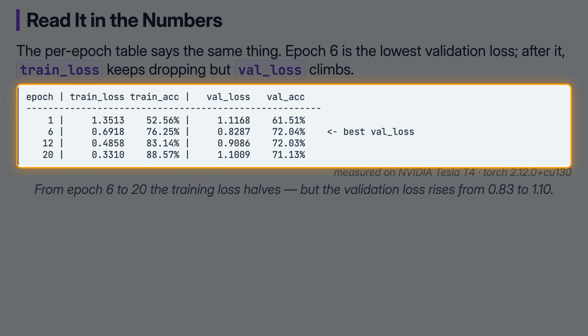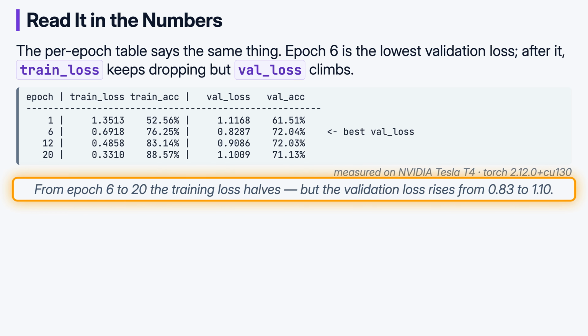Validation accuracy is about 72% and training accuracy is 76. After that they split. At epoch 12, the training loss is still dropping, but the validation loss has already started to climb. By epoch 20, the training loss is down to about 0.33. The validation loss has risen to about 1.1. The two have clearly separated.